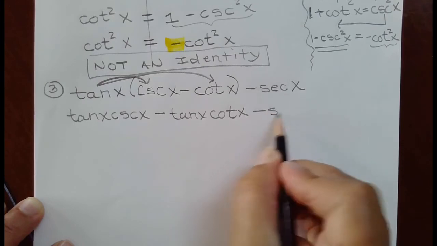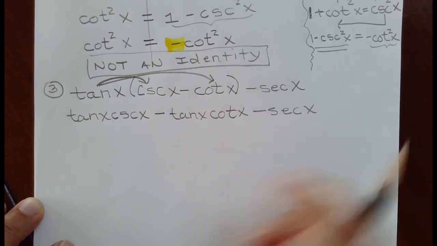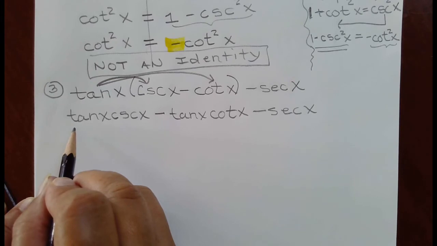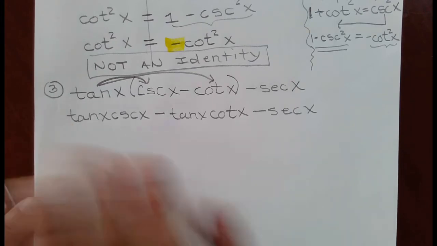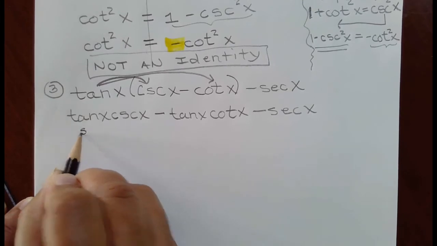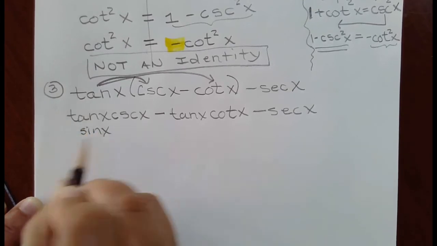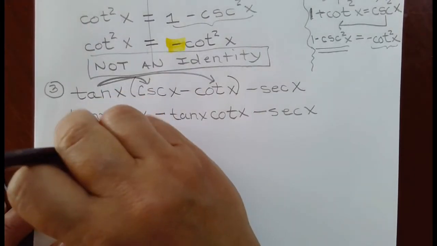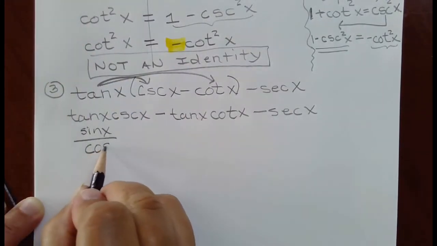Let's see. I think what I'm going to do is start going sine, cosine definitions. That's because everything's first degree, so I'm going to try it. I'm going to call tan by its definition, which is sine over cosine, times cosecant, which is 1 over sine.